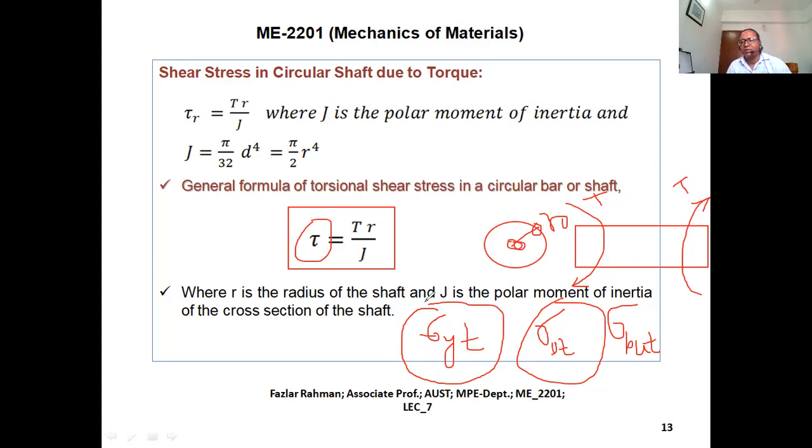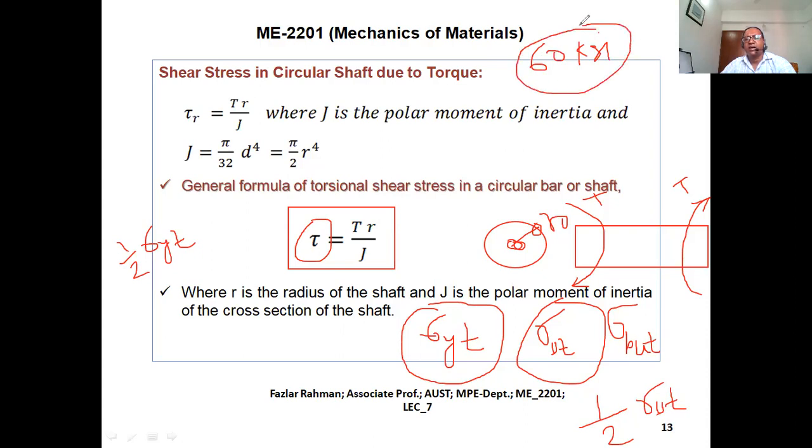Now, what is the allowable shear stress of the material? It is not shown. So normally, half of the yield strength is the allowable shear stress you can apply, or half of the ultimate strength, say sigma ut. So say sigma ut is 60 ksi, for example, for a material.